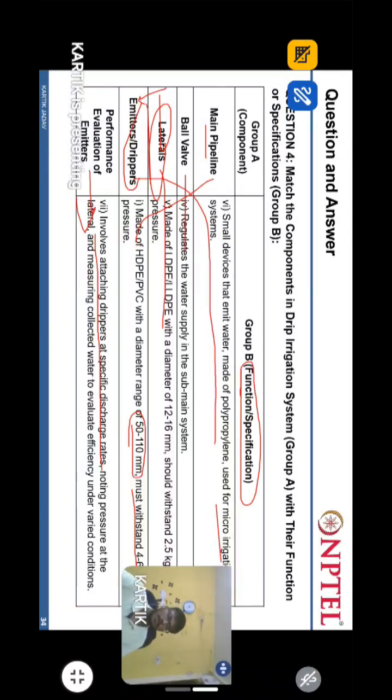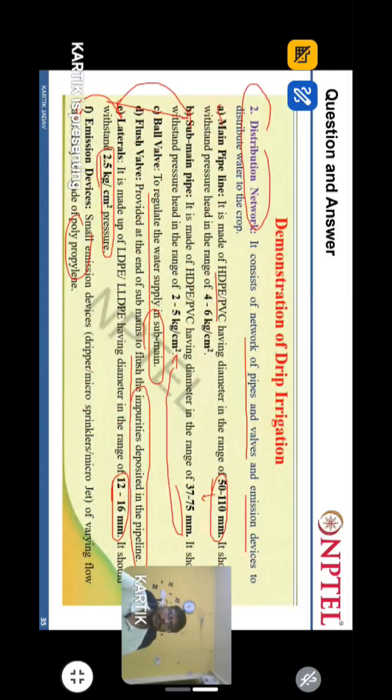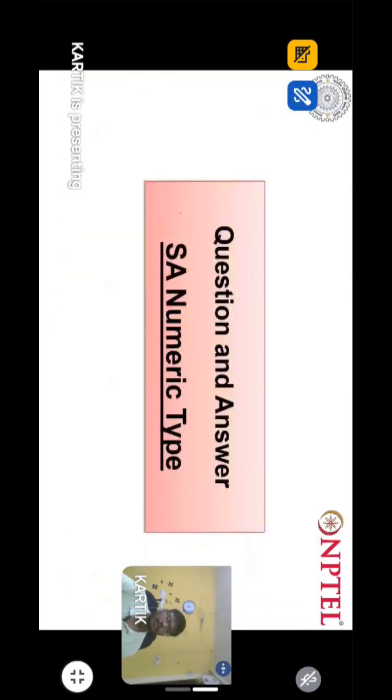Generally, in performance evaluation of emitters, we do the experimentation on specific discharge rates, right? And note the pressure at laterals, and also the pressure at the outlet. So at each pressure, what is the flow rate? Based on that, we'll also solve a numerical question on this concept. Then you will get more idea. This we have already discussed.